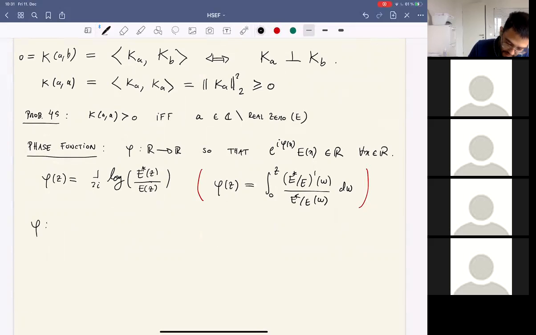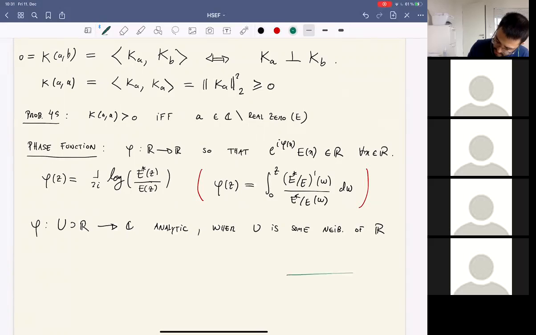Phi would be defined in U, which is some neighborhood of R. The picture is: you have the real line, you have some wiggled neighborhood, and phi would be well defined in there.